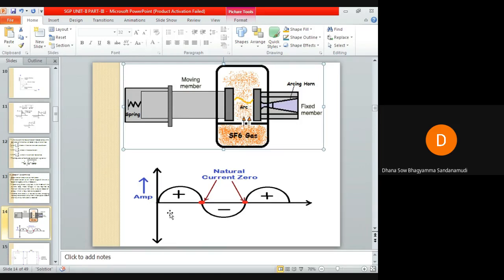Hence, the arc will be interrupted before it reaches natural current zero. Whenever the arc is interrupted before the arc current reaches natural current zero, that is known as current chopping. The necessity of interrupting small inductive currents arises whenever we are disconnecting an unloaded transformer.